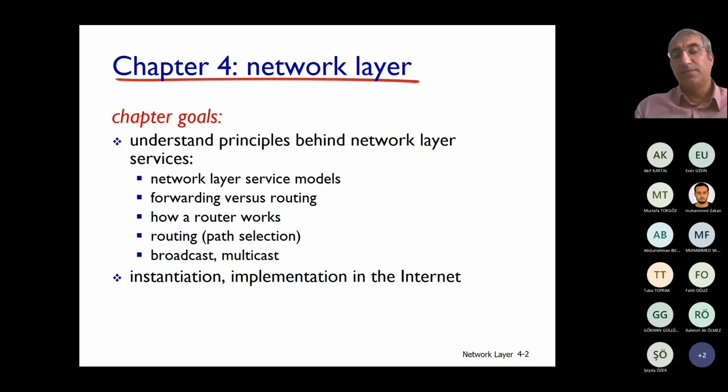And then we have different kinds of transmission types. The first ones are broadcast, multicast, and unicast, and we're going to look at specifically how the broadcast and the multicast algorithms work in this layer.